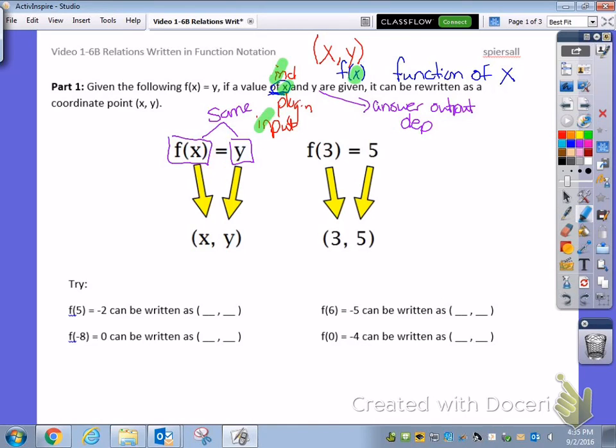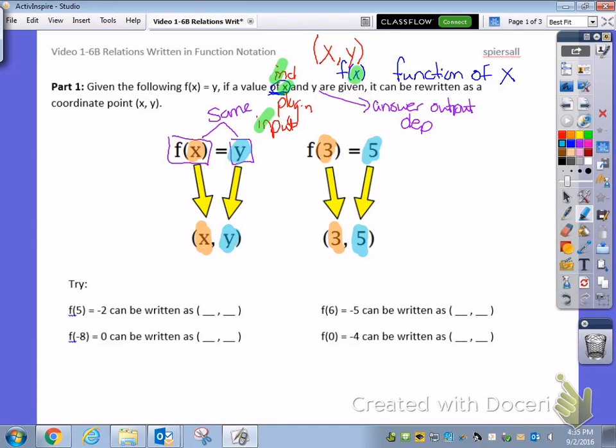But what you plug in, what's inside the parentheses, okay, x is in the parentheses, that is the first ordered pair. What you get out, that is your y, that is your second coordinate in the ordered pair, right? So what you plug in is 3, and what you would get out would be 5. That is my ordered pair, 3, 5.